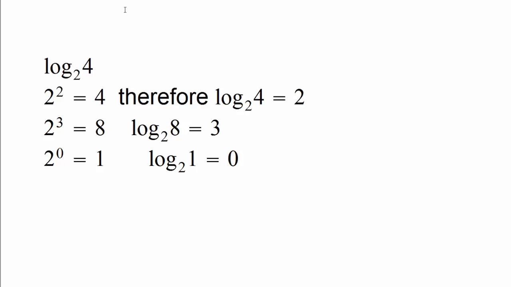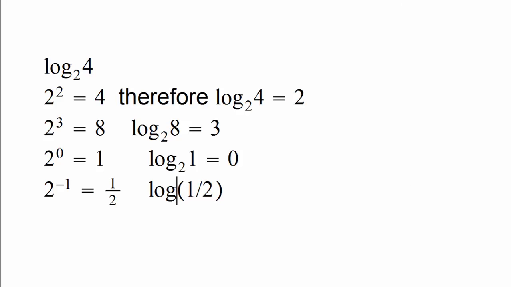Going along in this fashion, you know that if I took a negative exponent, say for instance 2 to the negative 1, that's 1/2. So log of 1/2 with base 2 would be how much? That will be negative 1.